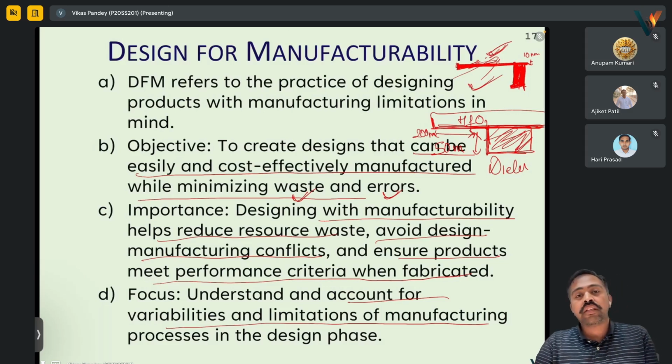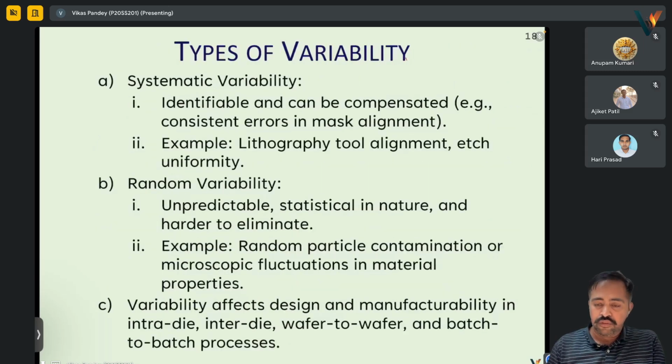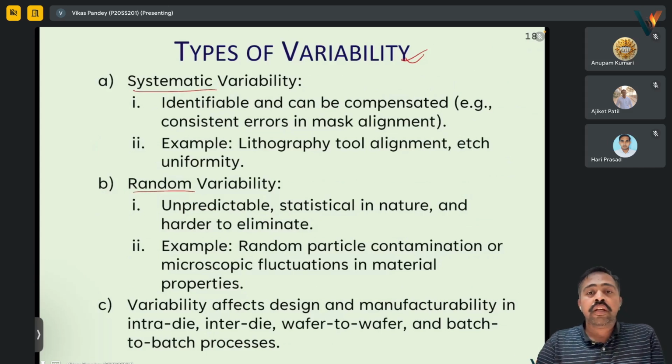So what are the types of variability? There can be two types of variability: systemic and random. Systemic variabilities are identifiable and can be compensated.